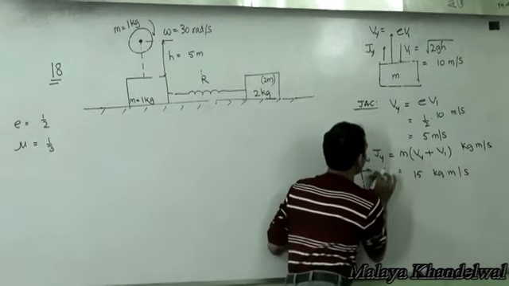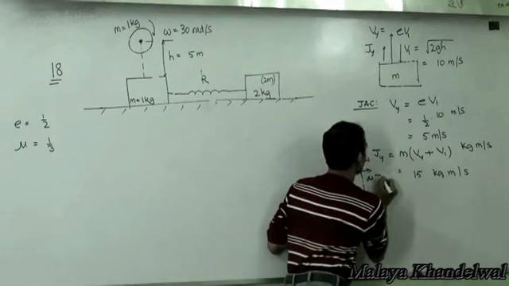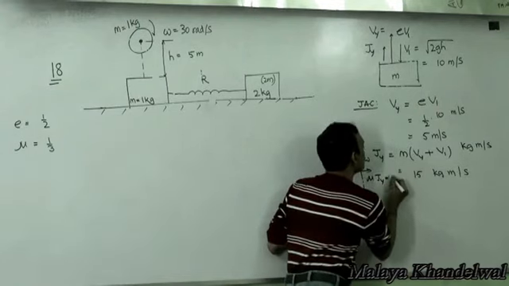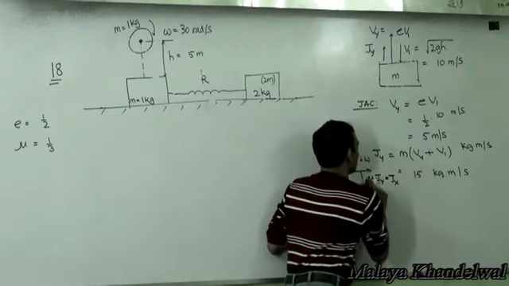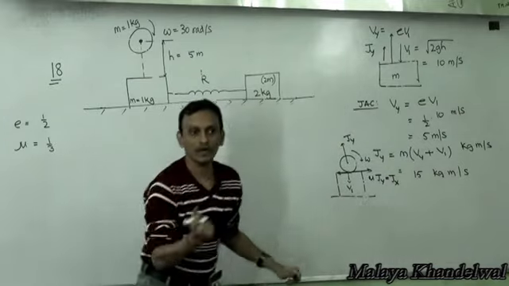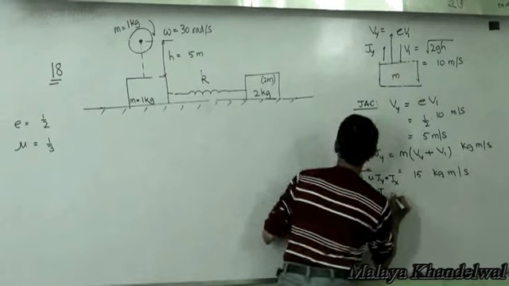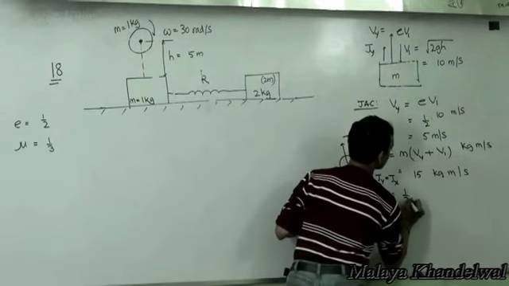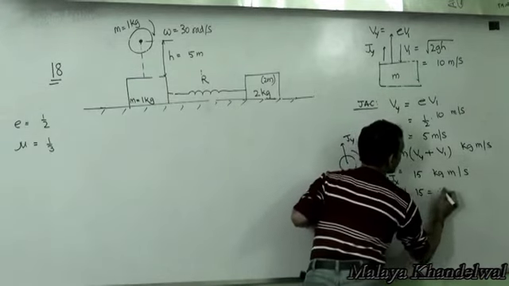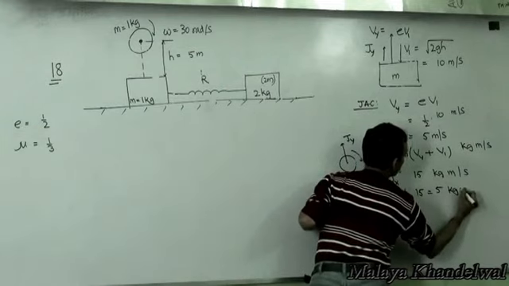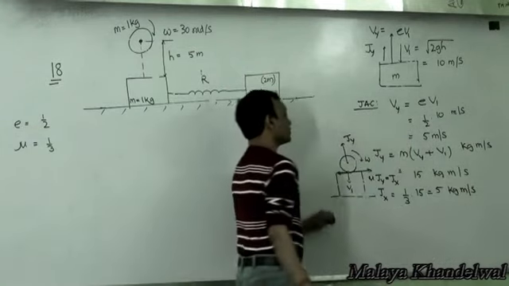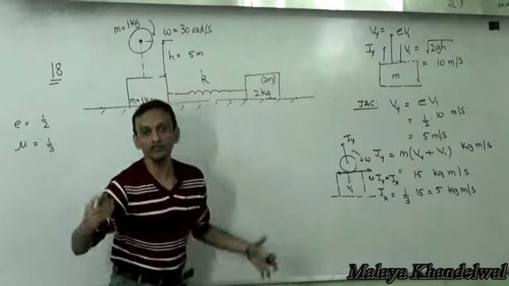So mu times jy would be the horizontal impulse. So jx is mu, which is 1/3, into 15, which is 5 kilogram meters per second. Yes or no? Are you all fine with this?